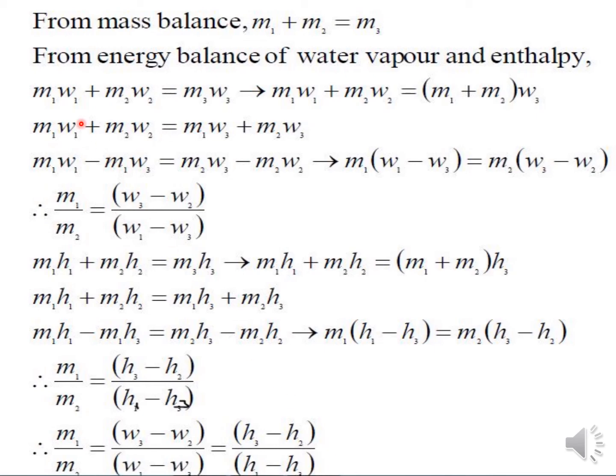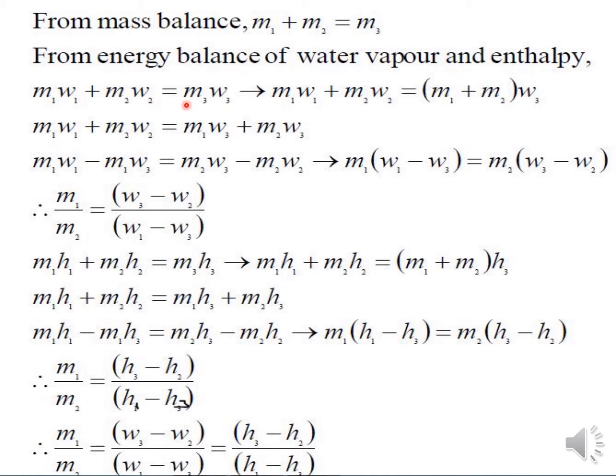From here, see here, M1 W1, the mass of airstream 1 and specific humidity at 1, plus M2 W2, because these two are mixing, they are equal to what? M3 W3. We know that 1 kg of mass mixing with 1 kg of mass will become 2 kg.